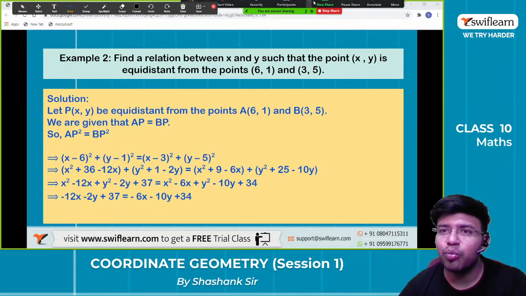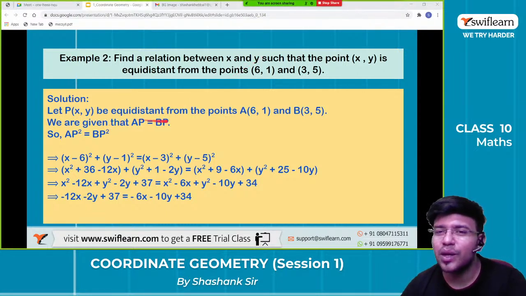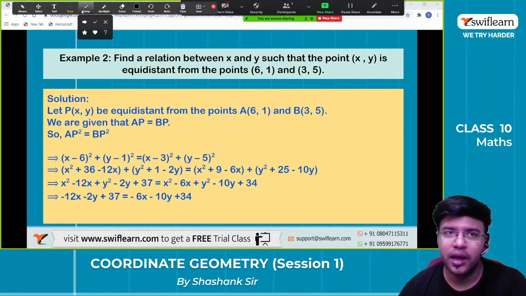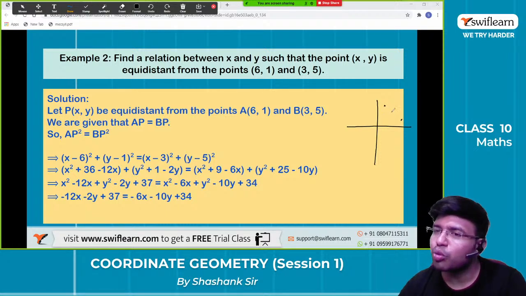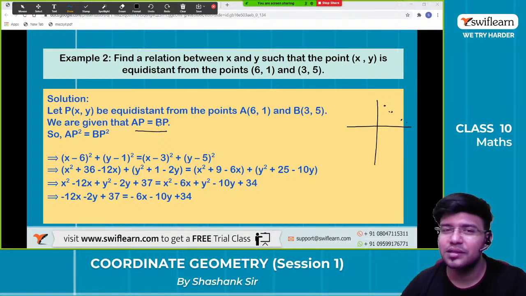Okay, so let us find the equation of this line. Let the point P(x, y) be equidistant from point A 6 comma 1 and point B 3 comma 5. Now, if you want the diagram, you can draw it back. So the point P will be equidistant from A and B, so we can use AP is equal to BP. Now squaring on both sides, AP square is equal to BP square.